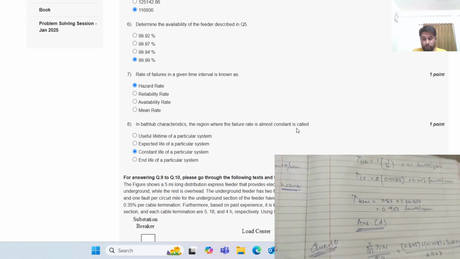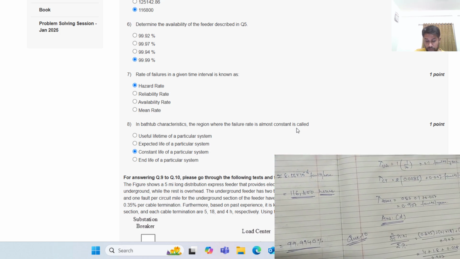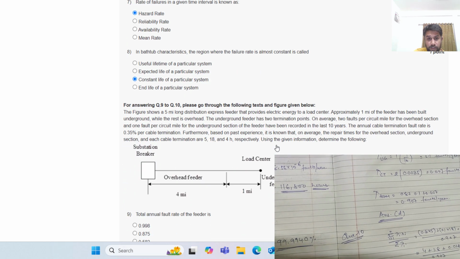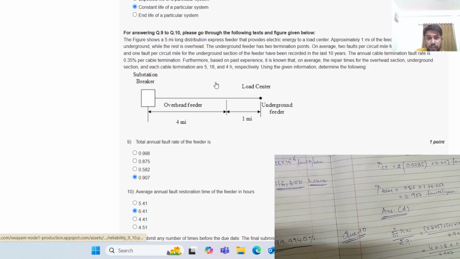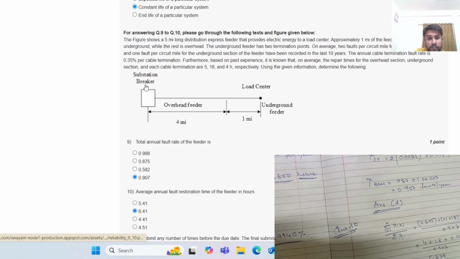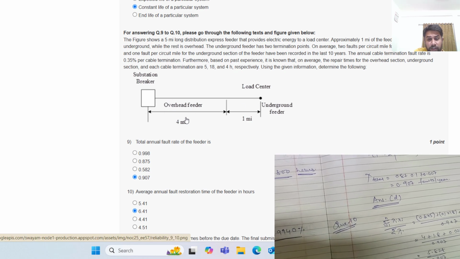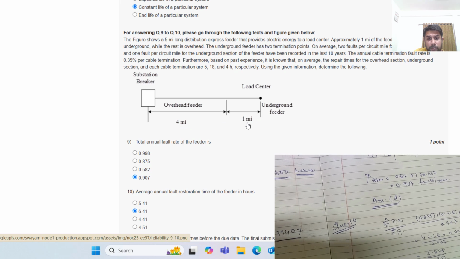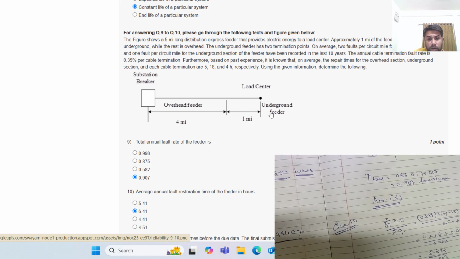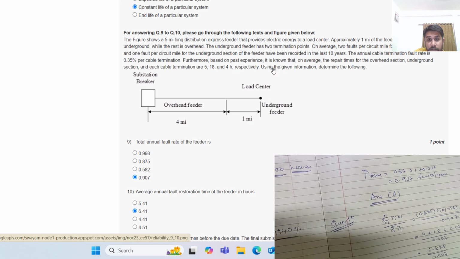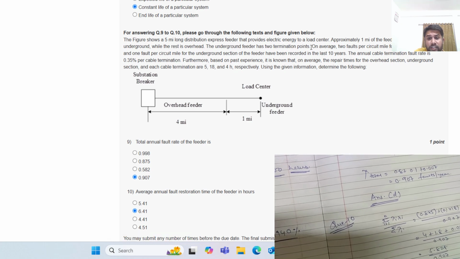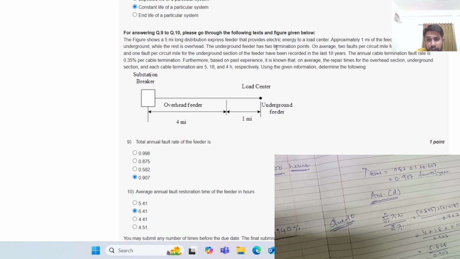Now we have to find out the answer 9 and answer 10 for a system which is available in the figure. So here the substation breaker is given, overhead feeder is given. Overhead feeder is for 4 miles and 1 mile for underground feeder or underground cable, and here there are 2 termination points after this underground feeder.